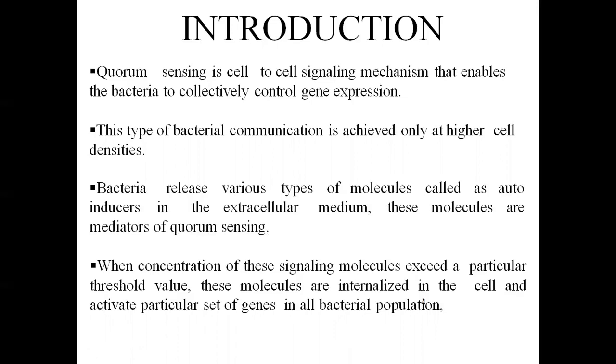In between two cells there must be some medium, and this is the bacterial extracellular medium. They secrete inducers, which act as the quorum sensing mediator. When the concentration of this signaling molecule exceeds a particular threshold value, these molecules are internalized in the cell and activate a particular set of genes in the bacterial population.